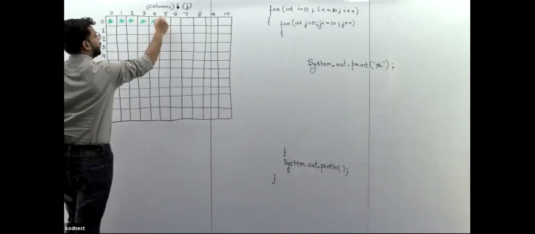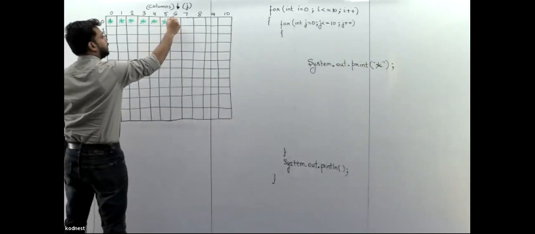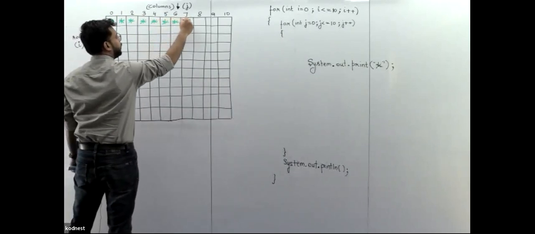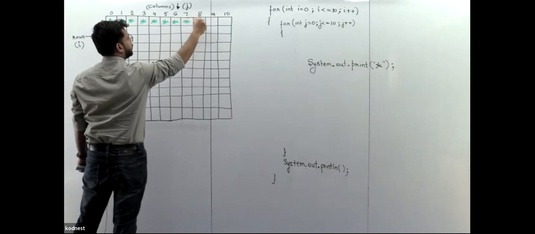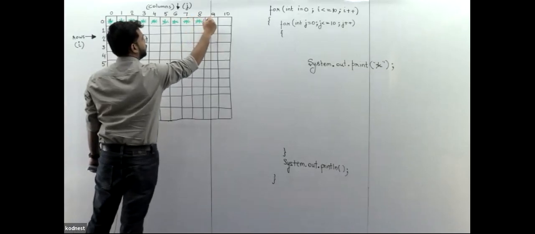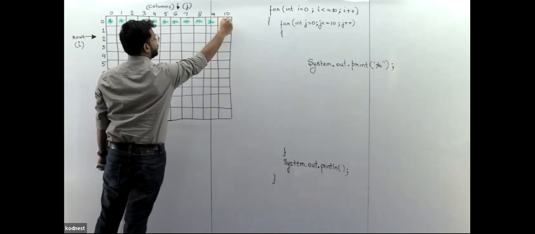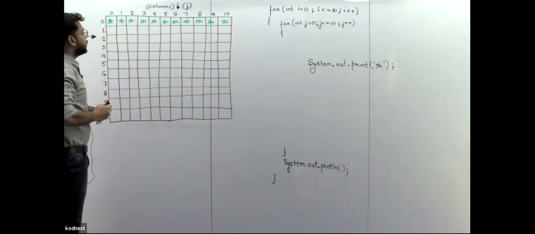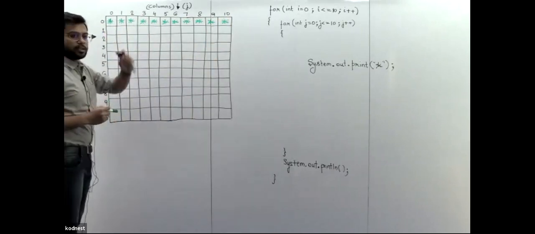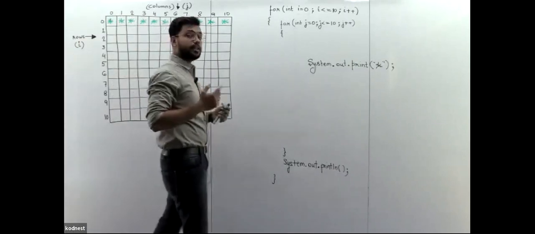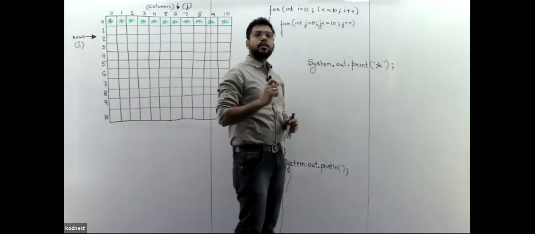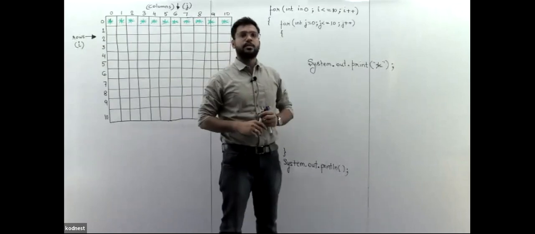The complete row should be filled with the stars. Only in the 0th row, I want the stars. If that is the case, then we have to play with the conditions.